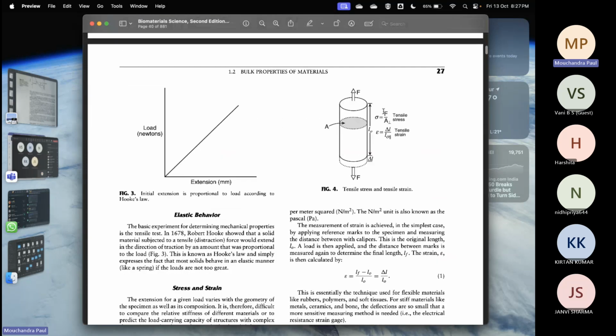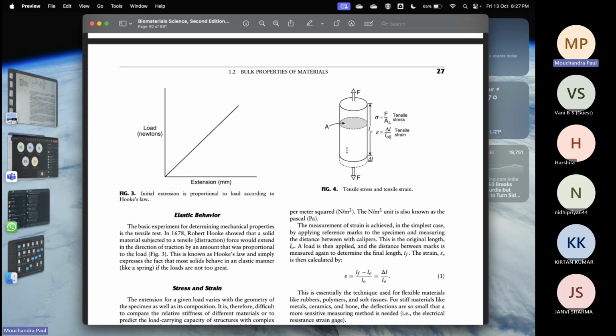So this is how the tensile strain and the tensile stress look like. So this is a sample, and you are giving force from both ends. Here force is applied, here also force is applied, and you are pulling the sample.